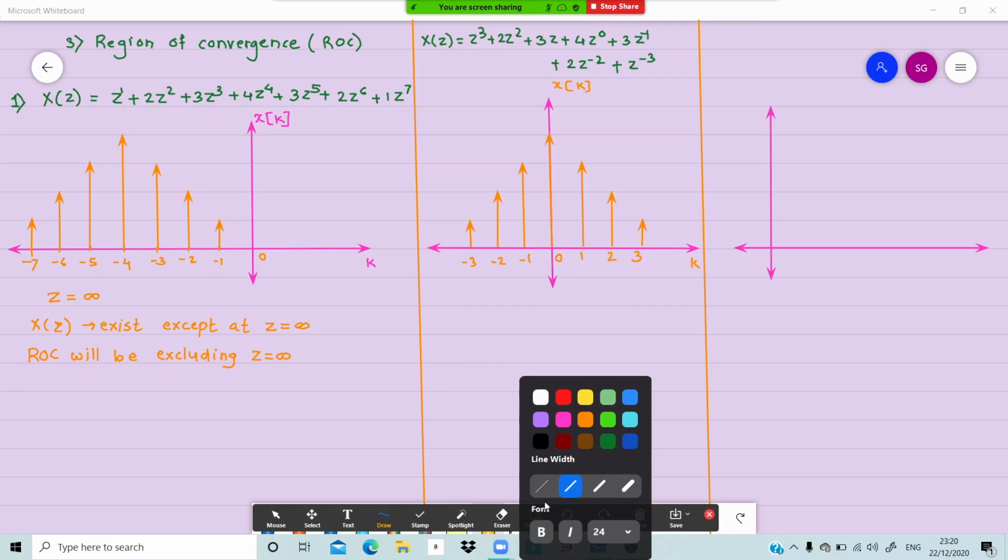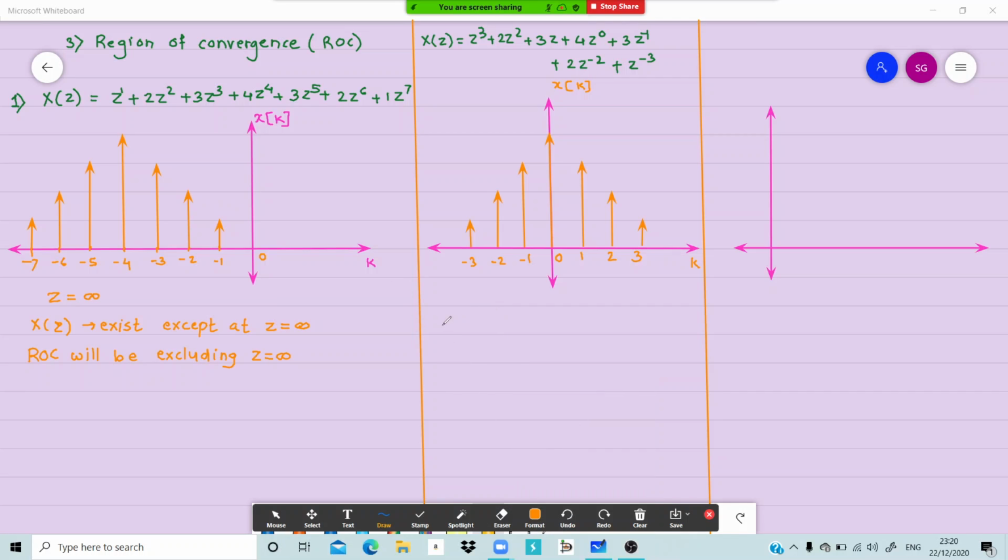So this particular function X(z) exists except at z equal to 0 and z equal to infinity. Correct? So ROC will be excluding z equal to 0 and z equal to infinity.